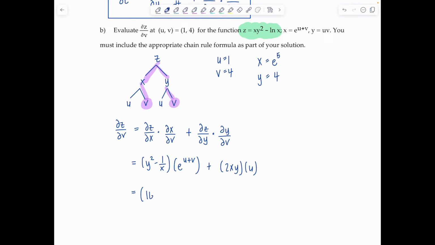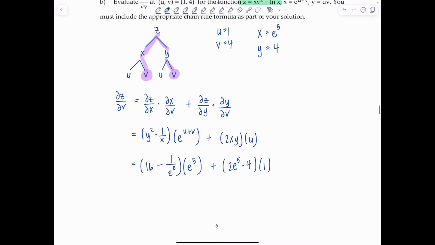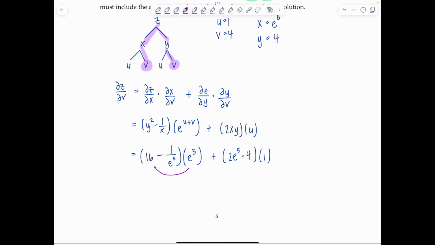Y squared, that's 16, minus 1 over x, which is e to the 5th, times e to the u plus v, that's e to the 5th, plus 2xy, so 2 e to the 5th times 4 times u, which is 1. If I distribute here, now I'm going to have 16 e to the 5th minus 1 plus 8 e to the 5th. So final answer, 24 e to the 5th minus 1.